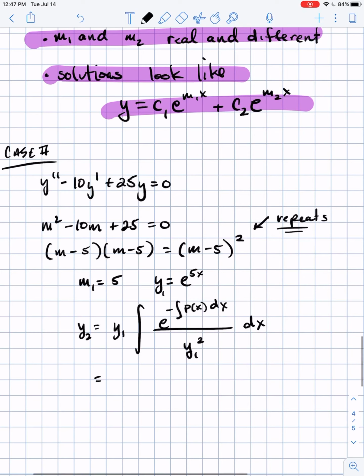So here y1 was e to the 5x. This winds up being e raised to the negative integral of p of x, which is negative 10, dx over e to the 5x, the whole thing squared.